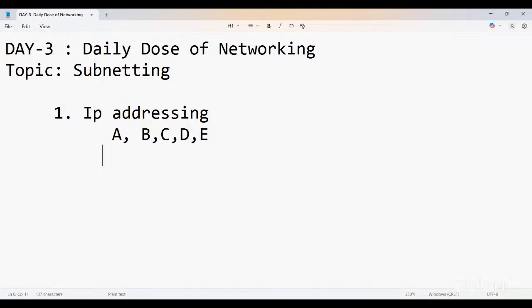If it is a class A IP, any IP can start between 0 to 127, and you know why we cannot use 0 and 127 also. Each network, for example if you start from 1.0.0.0 or 2.0.0.0, will have 16,777,216 total number of IPs in each network.